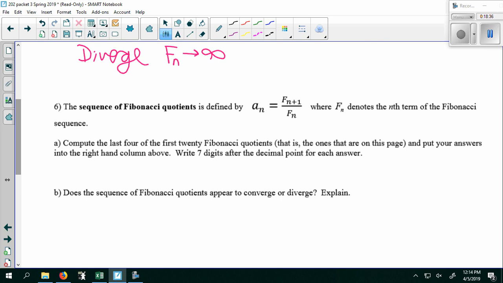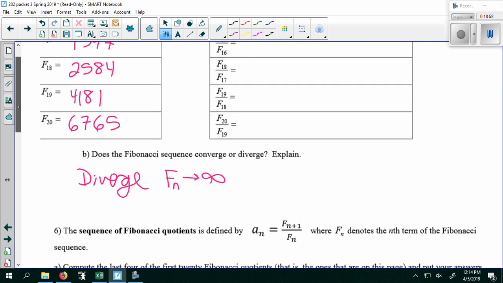Okay, the sequence of Fibonacci quotients is defined as a sub n is f sub n plus 1 divided by f sub n. We want to compute the last 4 of the first 20 Fibonacci quotients, the ones that are on this page, and put our answers in the right-hand column. We want 7 digits.